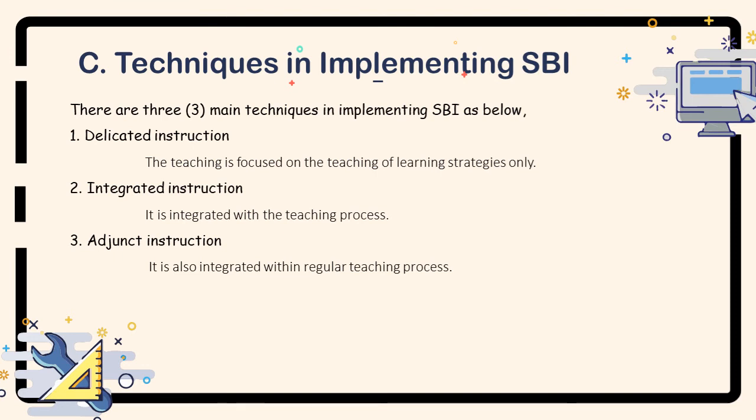In genre-based instruction, it consists of four main stages, that is, building knowledge of the field or BKOF, modeling of the text or MOT, joint construction of the text or JCOT, and independent construction of the text or ICOT, which are adapted from five stages proposed by Feez.